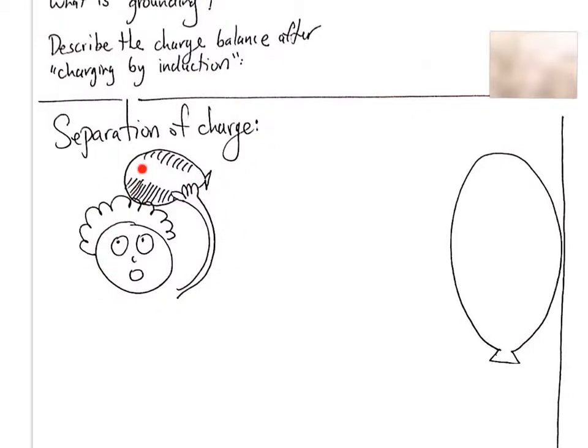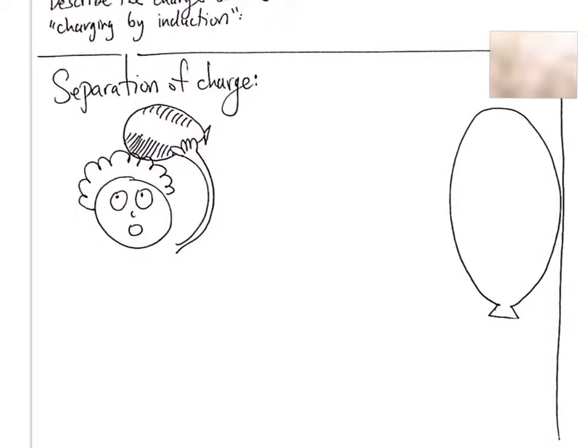Here you see, and you've probably done this, you take a balloon, rub it against your hair or the cat or the carpet, and then you stick it to the wall. Here's the wall. And it stays there, and it's magic. How does that work? Let's say you rub the balloon on your hair, and some of the electrons from your afro are transferred to the balloon.